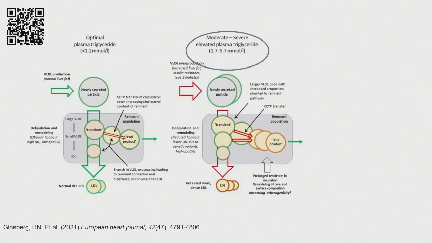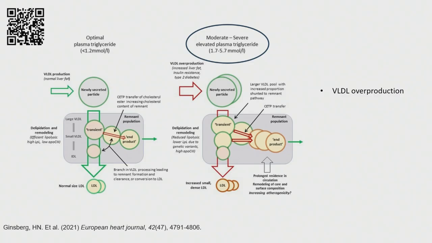The plasma triglyceride levels are a bit elevated, and then there is an overproduction of very low density lipoproteins. There is a reduced lipolysis that is associated with hyperinsulinemia or hyperglycemia. There is an increased remnant pathway. These particles remain in our bloodstream.